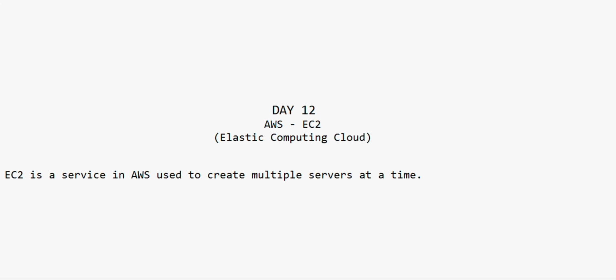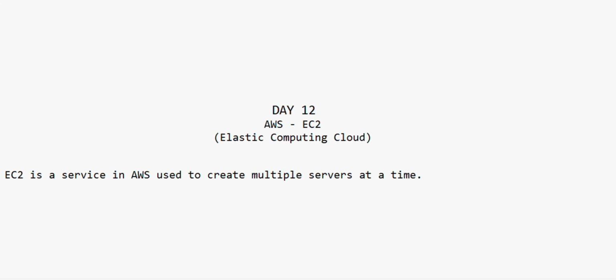But here in AWS, you can create the server within less than 5 seconds, and you will pay for whatever you are using in the server. You don't need to pay any upfront cost, and you will only pay for whatever services you used at the month end. So there is no need for upfront cost.